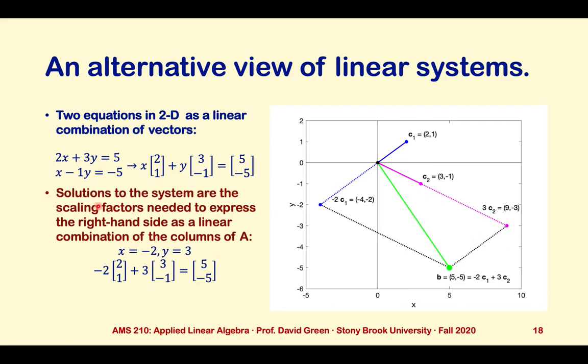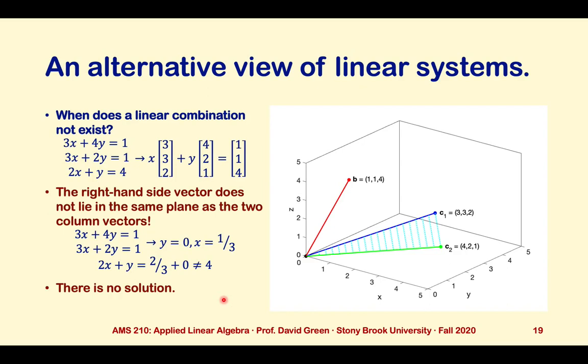The solutions to the system are the scaling factors that we need so that we can express this right-hand side as a linear combination. They tell us how we have to stretch this vector and this vector so that we can construct a parallelogram where this point is satisfied.